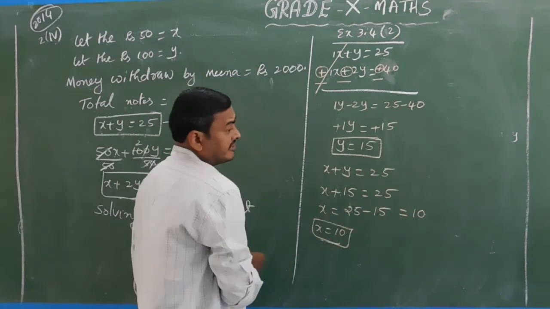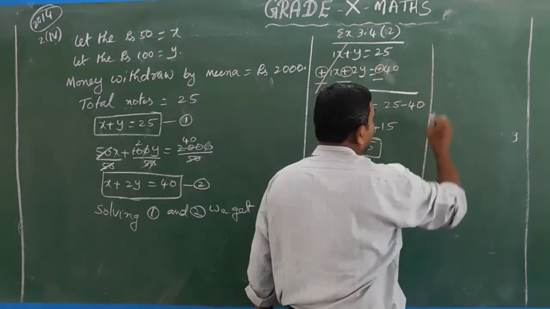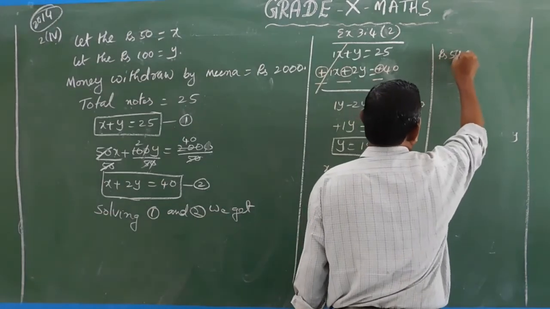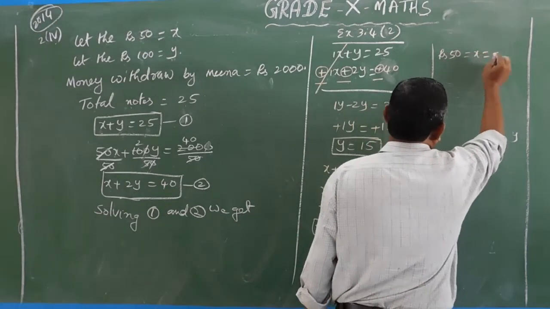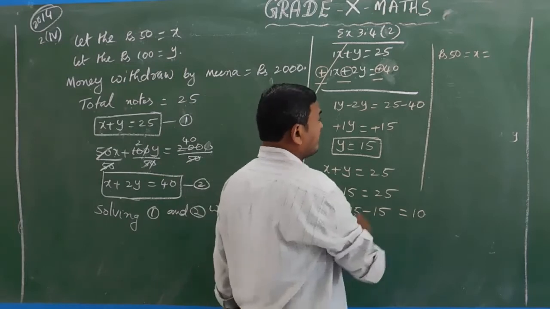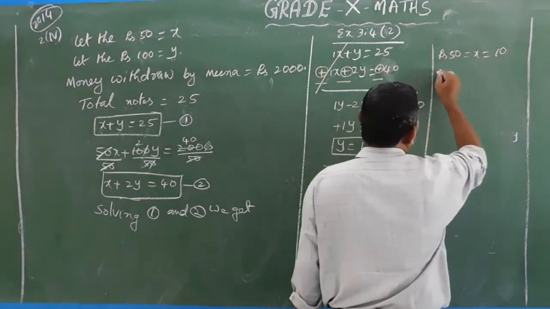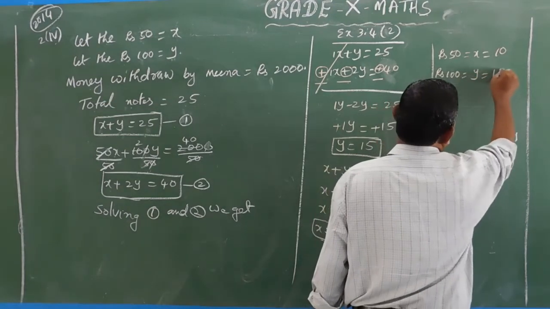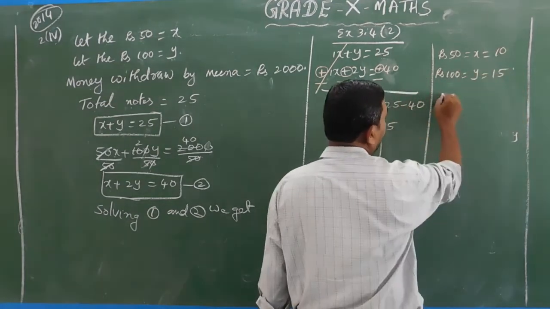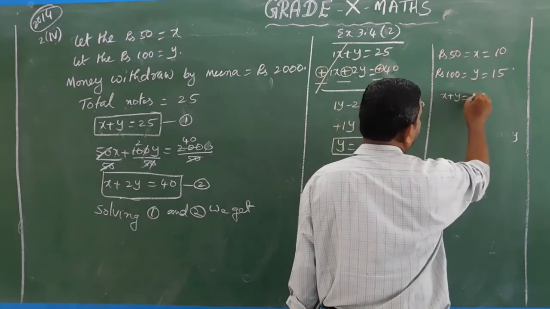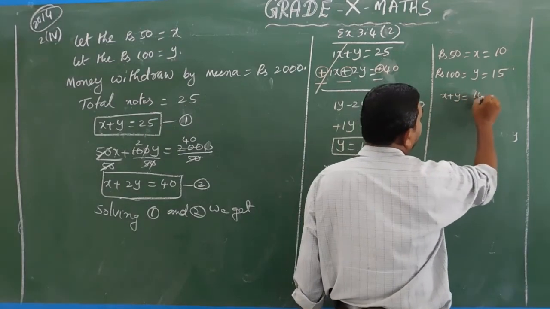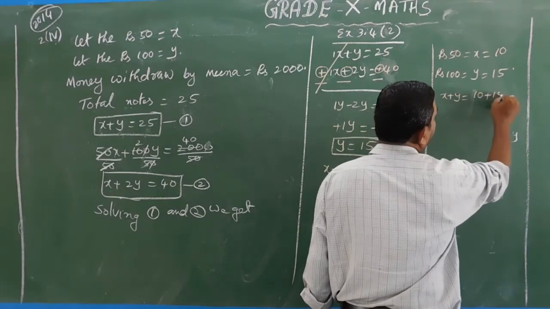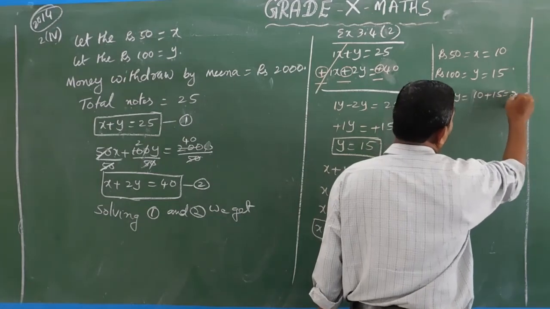So what are they asking finally? The 50 rupee notes are x, which is 10, and the 100 rupee notes are y, which is 15. Now totally, x plus y equals 10 plus 15, that is 25.